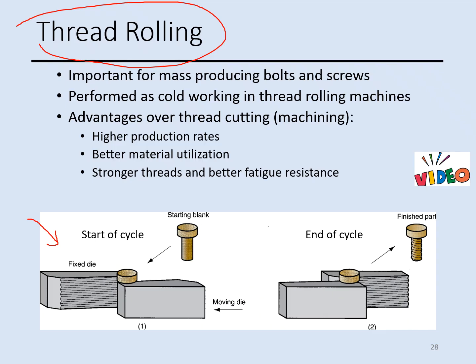The process is used to form threads on the cylindrical parts by rolling them between two dies. As you see, we have two dies. One is fixed, this one, and this one is moving. So it forms thread on the cylindrical shape.